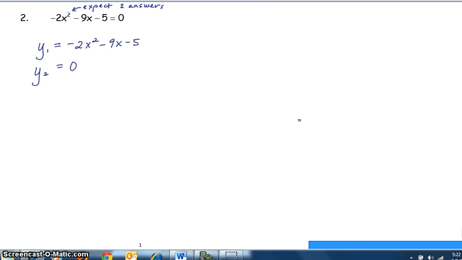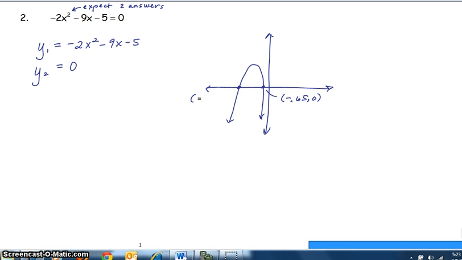So I'll go back and sketch my graph. My first point of intersection was at negative 0.65. And the other point of intersection at negative 3.85.